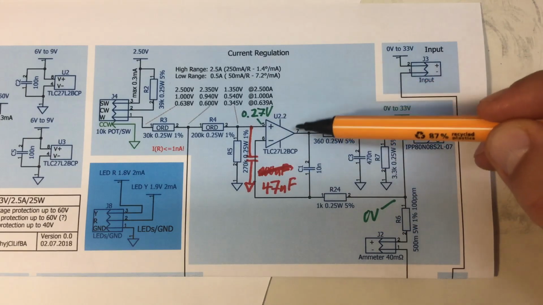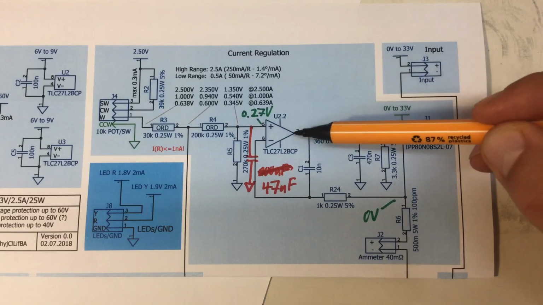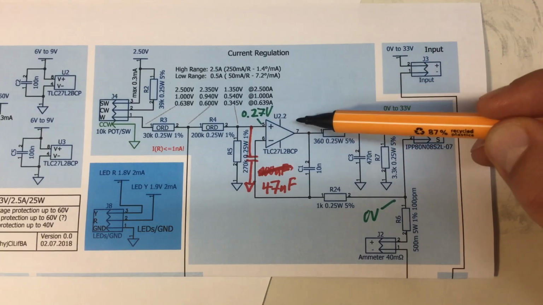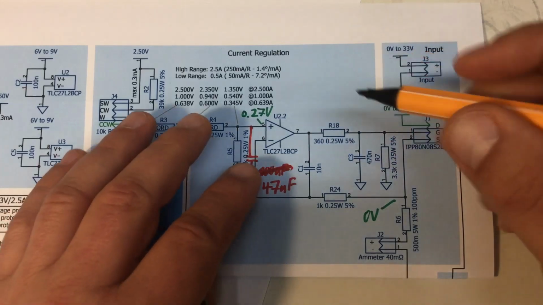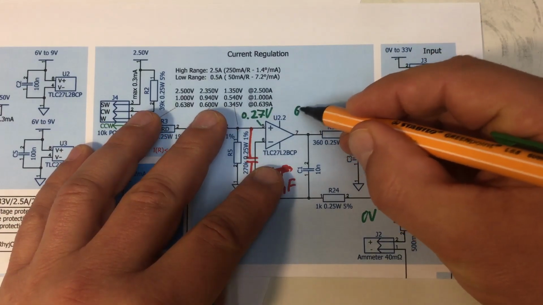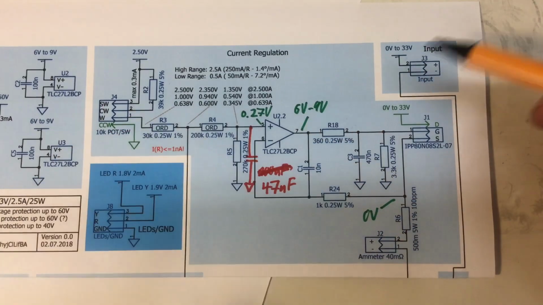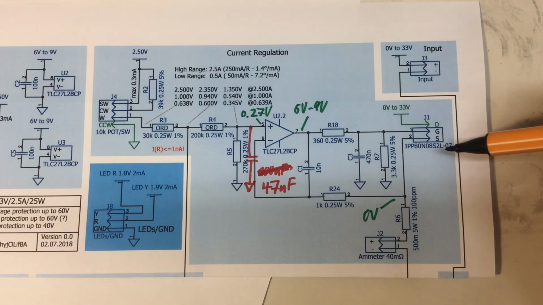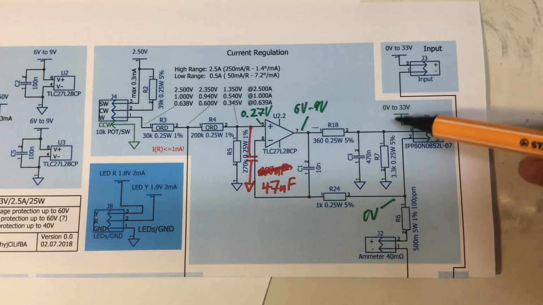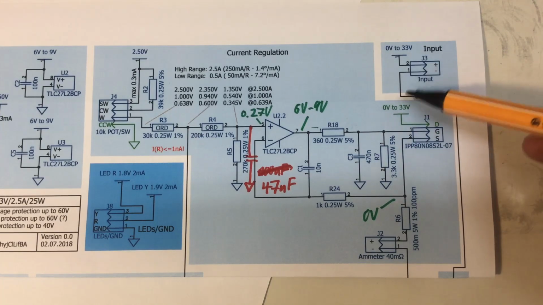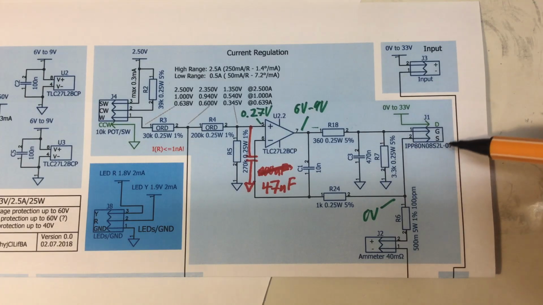So it drives its output to the maximum it can, and that's unfortunately our power rail, so 6 volts to 9 volts here in that state. So the MOSFET is driven completely open, to the max, when no load is connected.